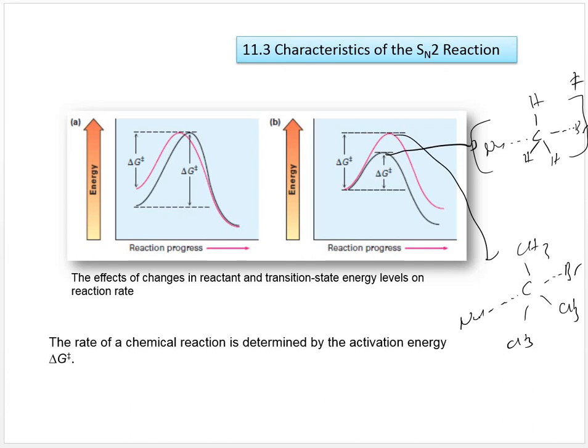So that will translate into an increase in activation energy. The reactant energies are more or less the same. It's not changing too much, but the transition state is going to have more energy, or will be less stable, when we have a bulky substrate. So that's the effect.